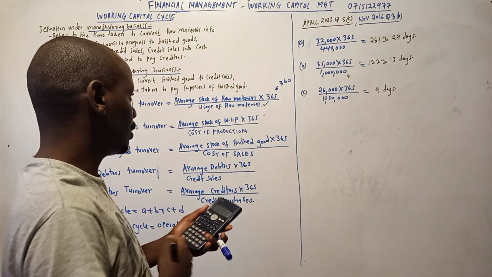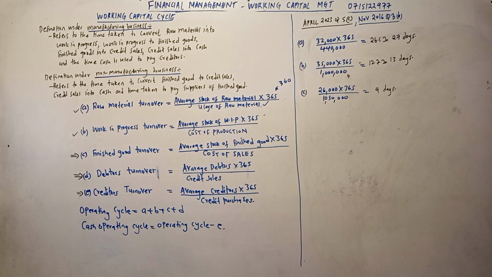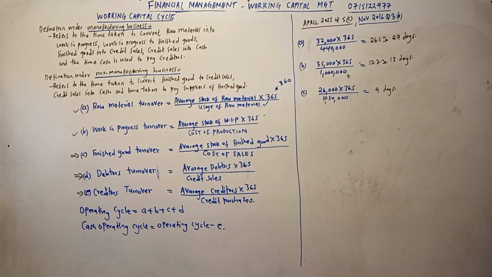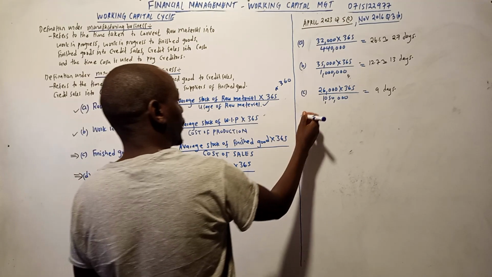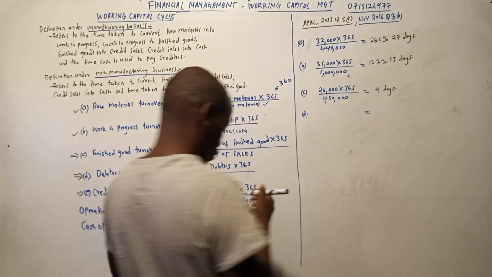Now from number C we go to number D, debtors turnover. Are they operating with debtors? There are no debtors in this case. But below we have been told the average credit allowed, so we have the credit turnover. Number D, credit turnover, has already been given, so this requires no working.